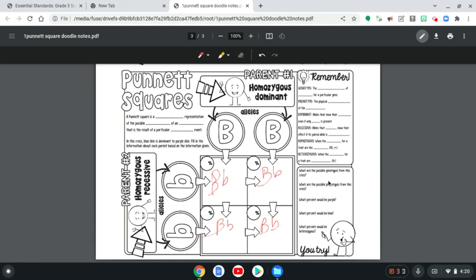All right, possible genotypes. There's only one, and that would be heterozygous, which is dominant and recessive. Phenotypes, they're going to be blue because each square has a capital B.